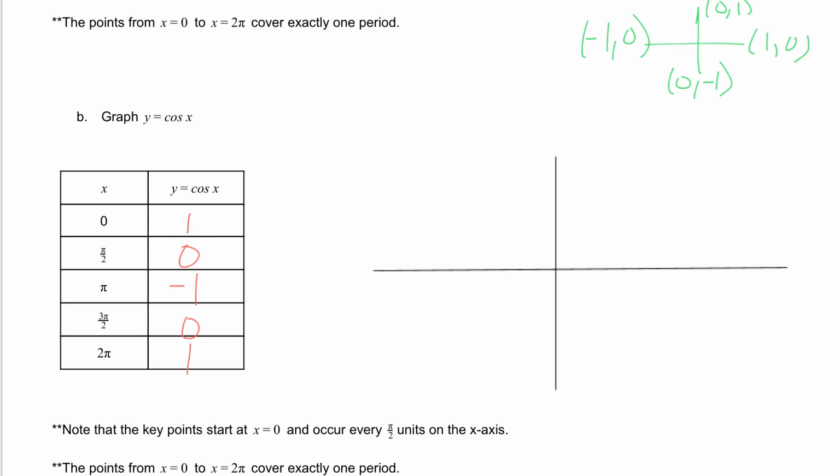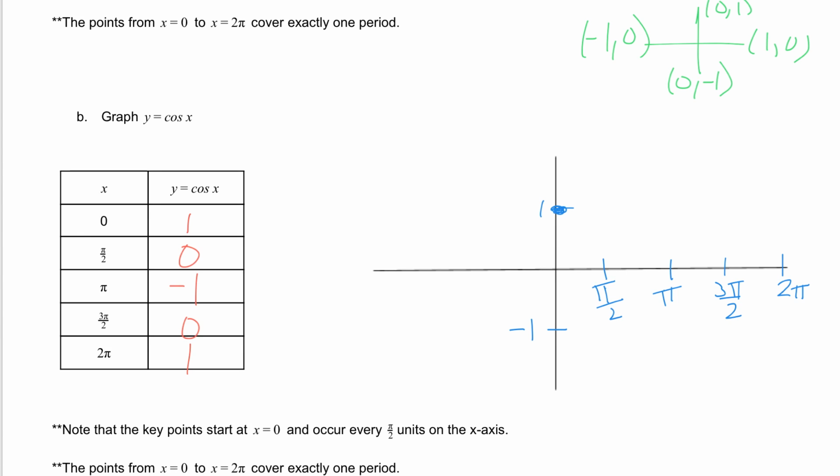So let's graph this. Again, we're going up by pi over 2. So we have 1 pi over 2. 2 pi over 2 is the same as pi. 3 pi over 2. And 2 pi is the same as 4 pi over 2. We're going between 1 and -1 on our y-axis. So let's graph.